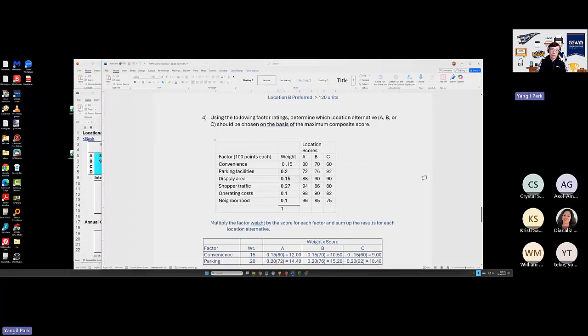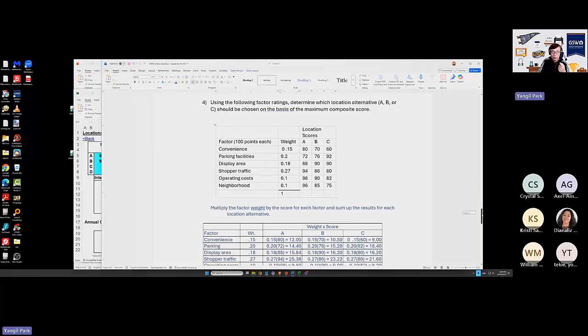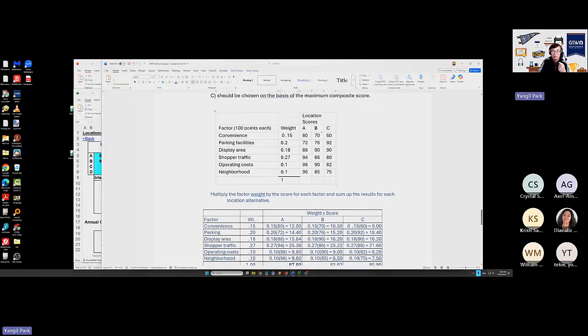You multiply, and then you add them up, and you'll find the composite score for location A. Same thing for B, multiply by weights, and find the composite score. Location C, same thing, multiply 60 by 0.15, and at each step find the composite score.